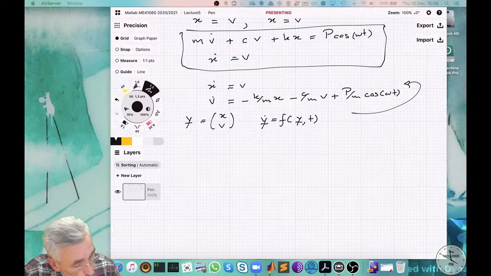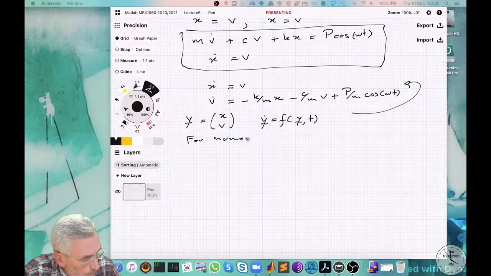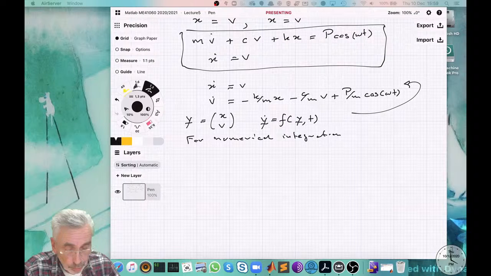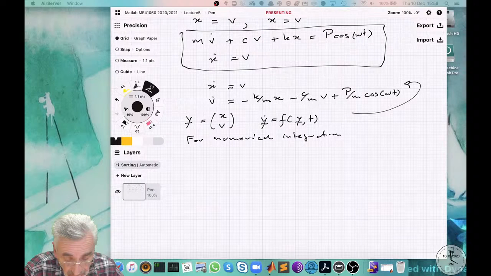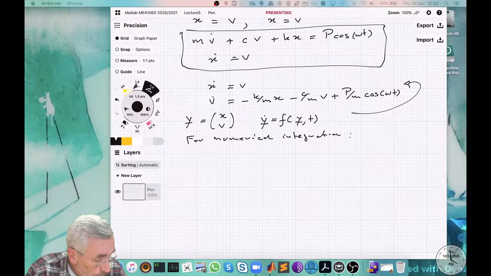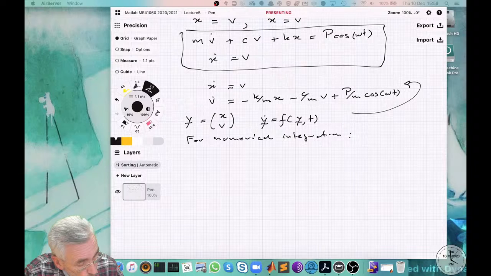Then for numerical integration, because that is the topic of today, if it's a first order system, we can say, as an example, the new position, that is the old position. Maybe I should put time in there, right? Should say it with time.